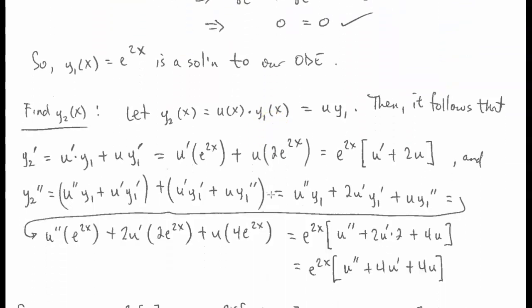So first thing we do, again, is we do this suggested substitution, okay? And then we're just going to write it as y sub 1 for short. Or you could just go ahead and write it as u e raised to the 2x if you want. Go ahead and plug it in. So we take the first derivative and the second derivative by using the product rule here.